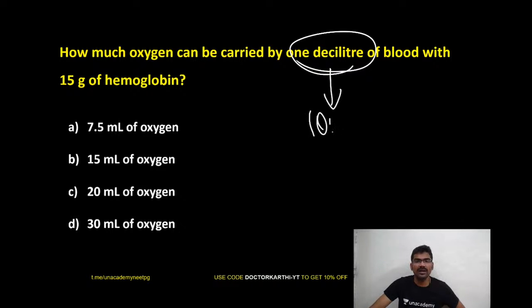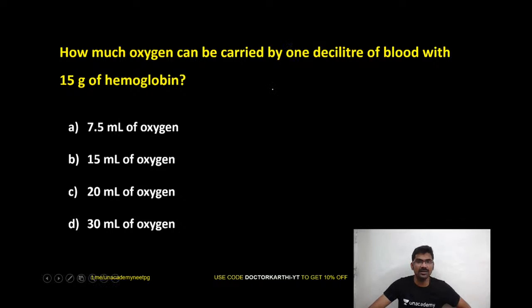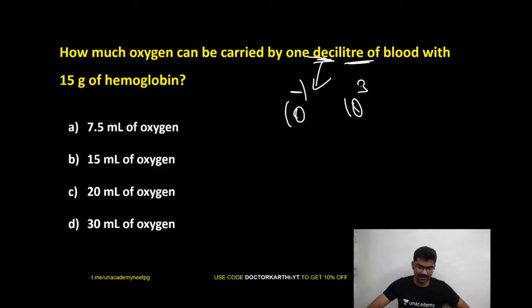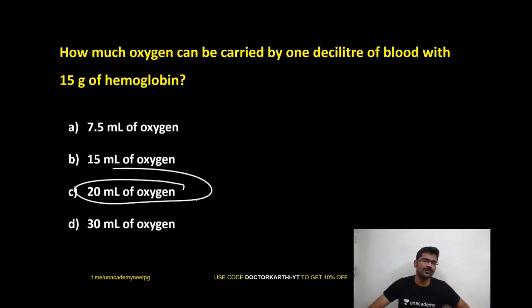Deciliter means 100 ml. Deci means 10 to the power of minus 1, because liter is 10 to the power 3 ml. So deci means 100 ml. Good everyone. Let's move to the next question.